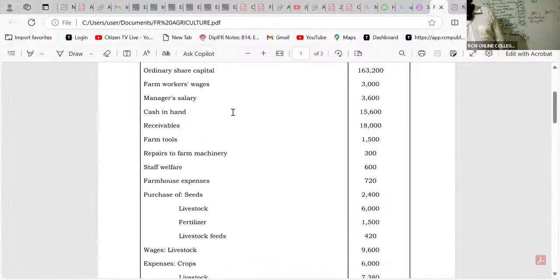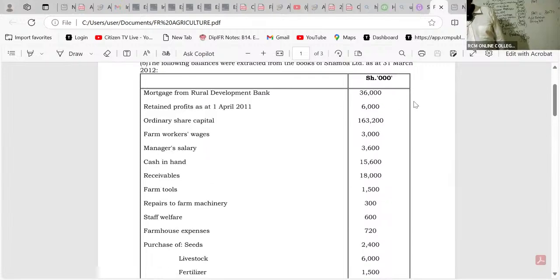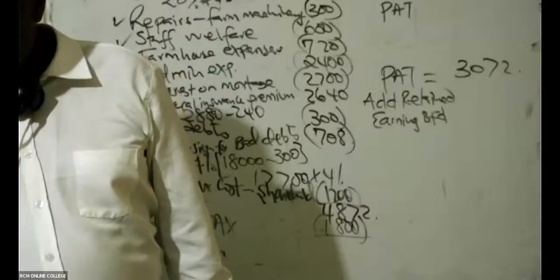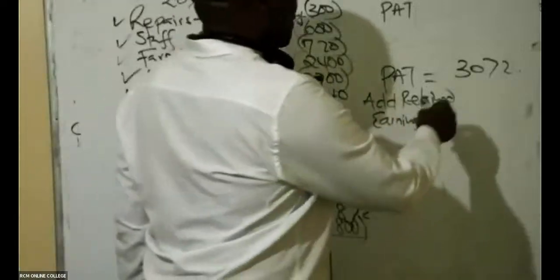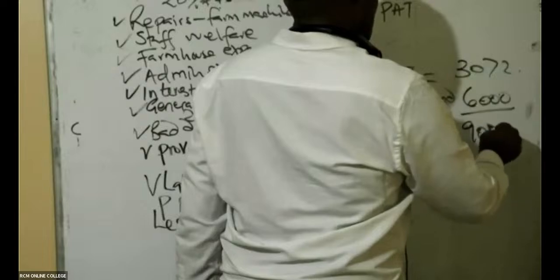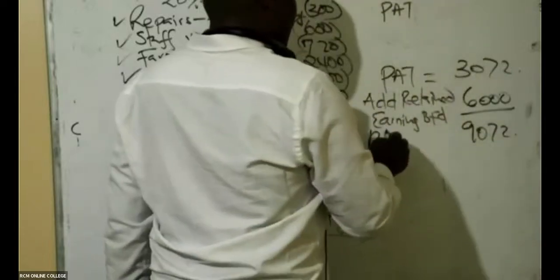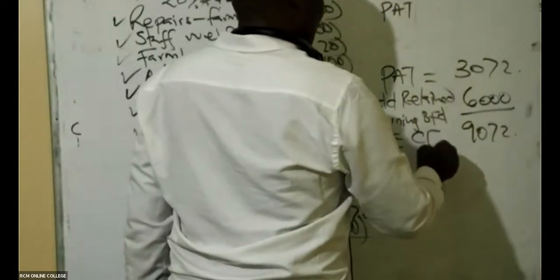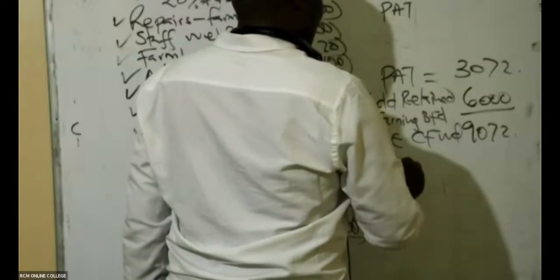You can see these retained profits brought forward of 6,000. So then in this case here, we have 9072 as the retained earnings carried forward to our balance sheet.